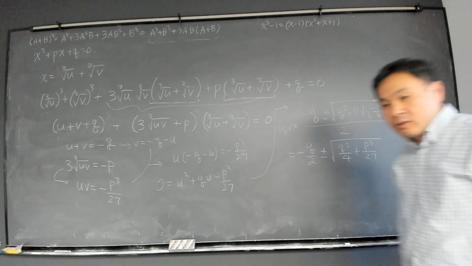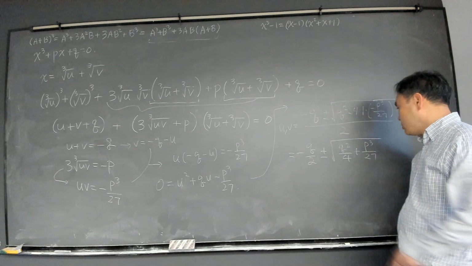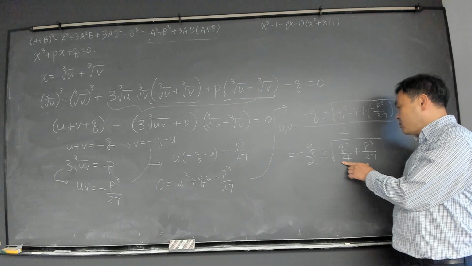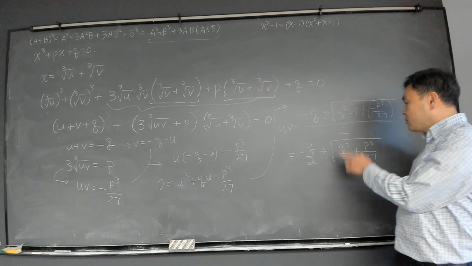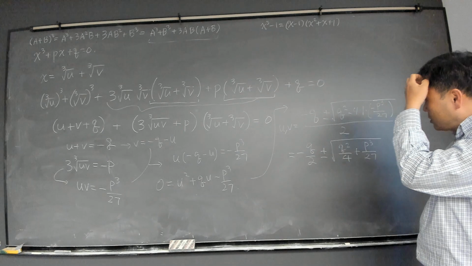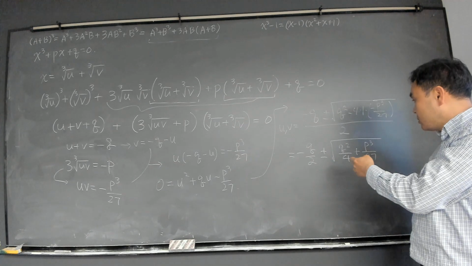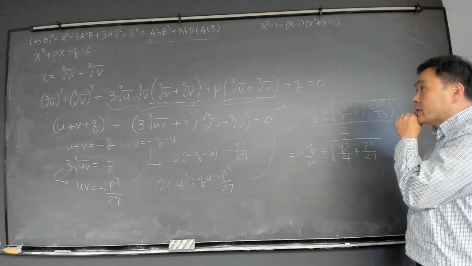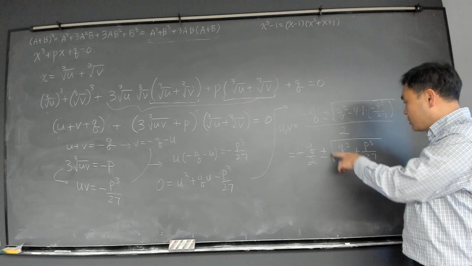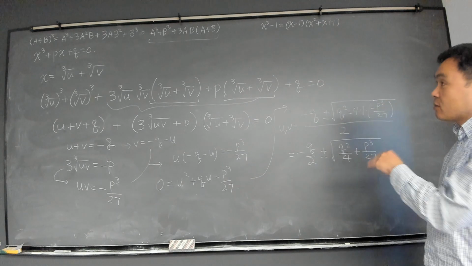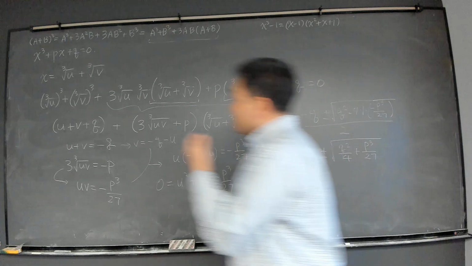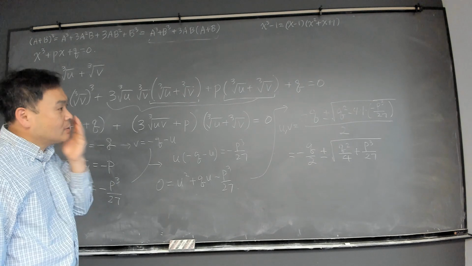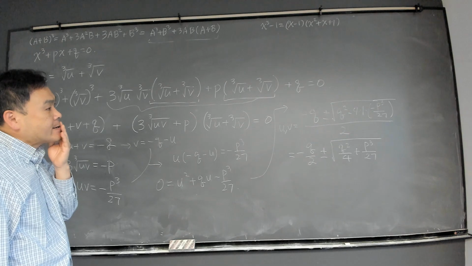Now, one thing we do have to be careful about here is that if this is negative, then you get an imaginary number, and therefore when you have to take the cube root, it requires some technical stuff going on here.